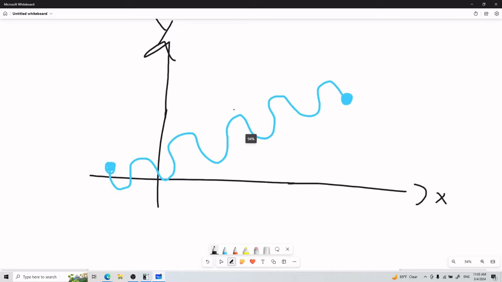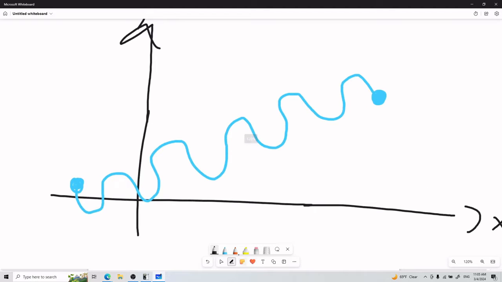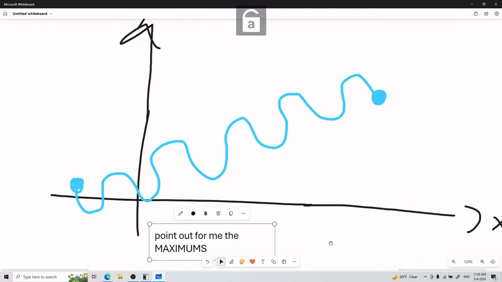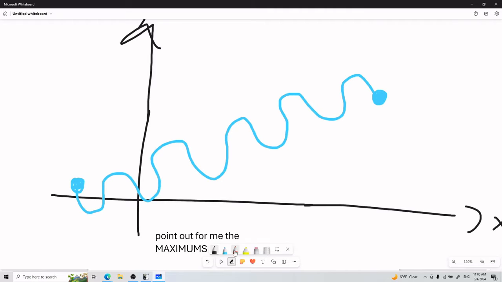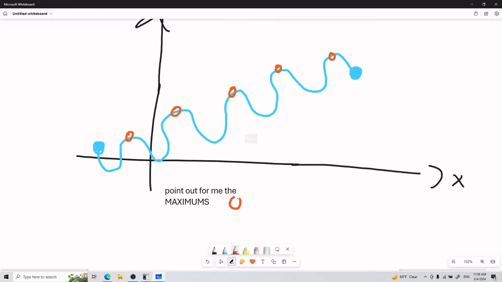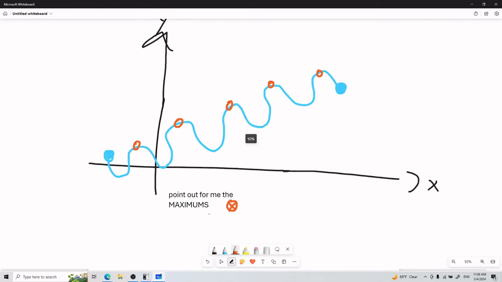And so, guys, take a moment and look and point out for me, please point out for me the maximums. And so you take a moment, you look, and you say, okay, so I have a maximum here, you have a maximum here, here, here. And so all the maximums are in orange, okay?